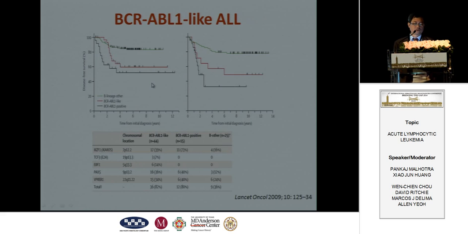And further analysis showed that both groups actually have at least an 80% chance of a deletion in at least one critical gene involved in B cell development, compared with only 36% deletion in other B cell ALL. So the similarly high incidence of this kind of genetic change between BCR-ABL1-like and BCR-ABL1 positive may partially explain the similar global expression profile between these two disease categories.